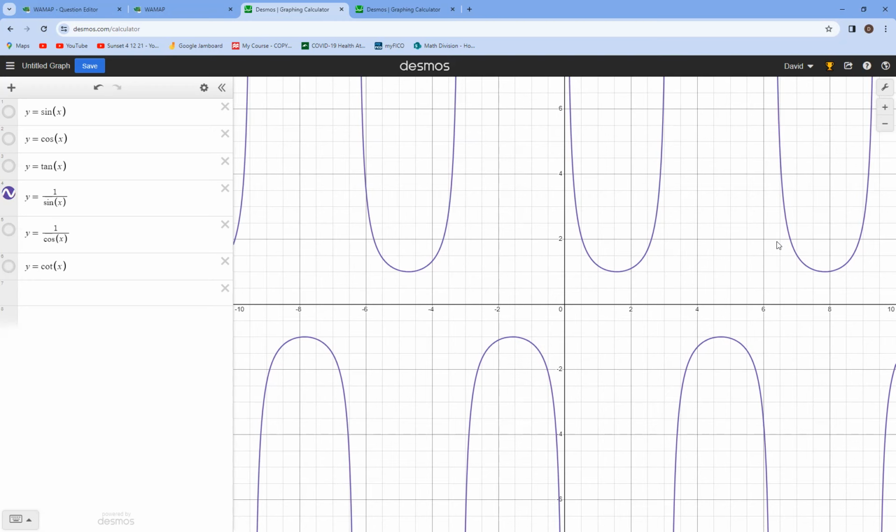Sorry, this is cosecant. What does it look like if you come out some distance along the x-axis and look at our curve values?